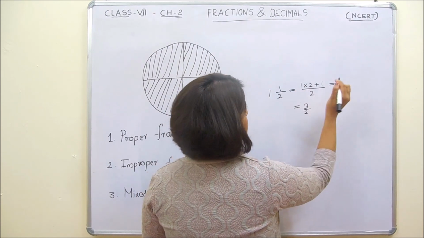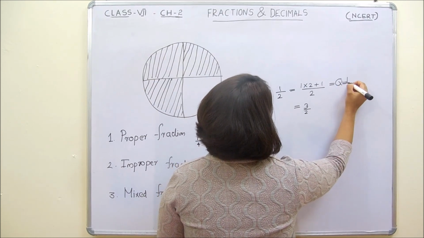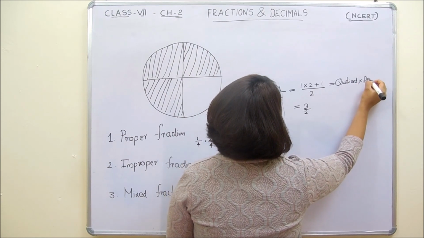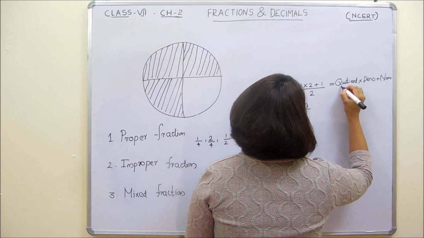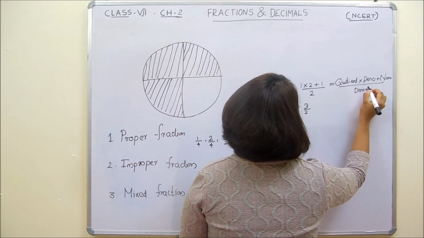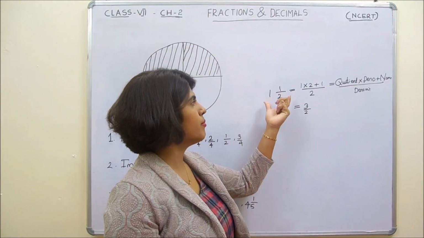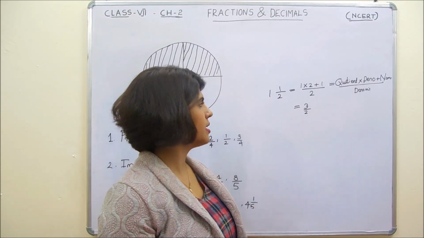Here 1 is the quotient, right? Quotient into denominator plus numerator, divided by denominator. In this way, we can convert a mixed fraction into an improper fraction, right?